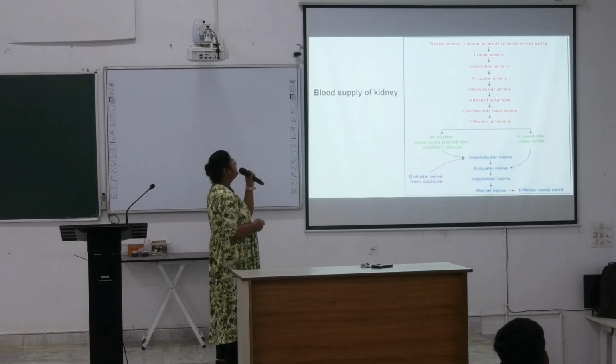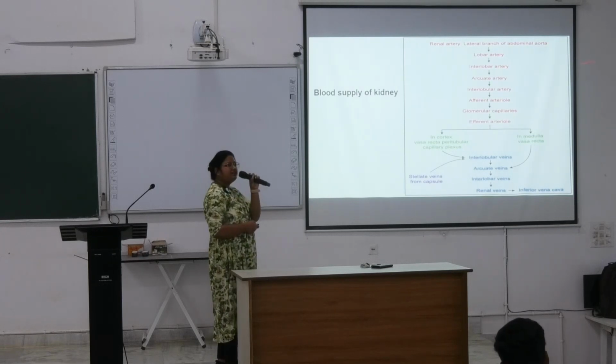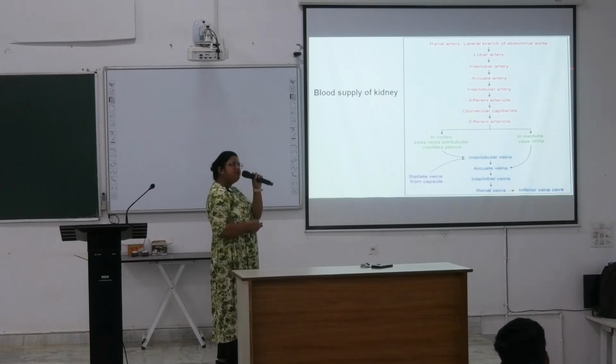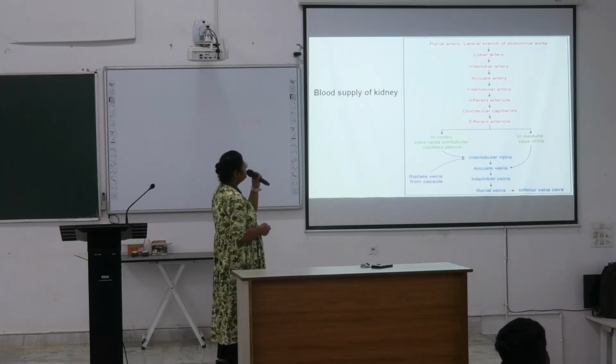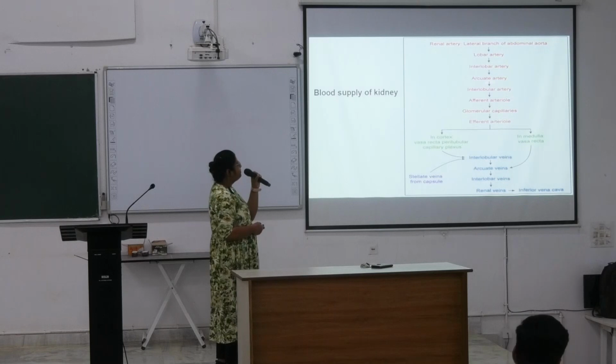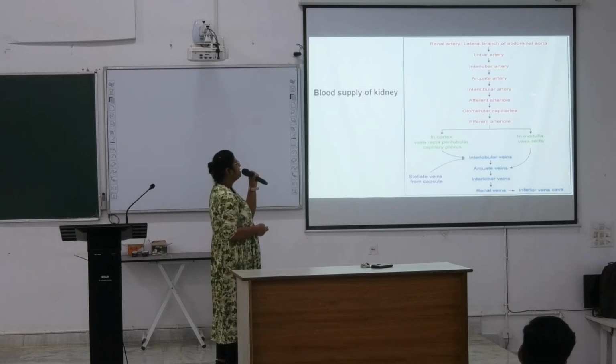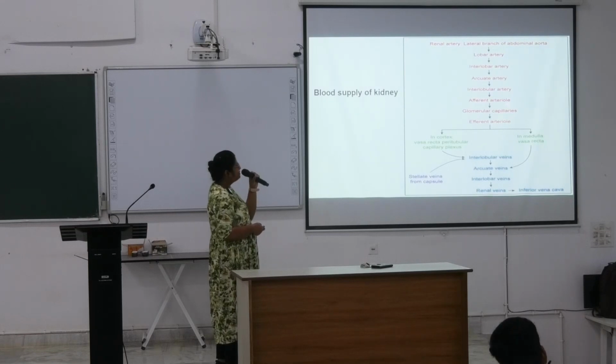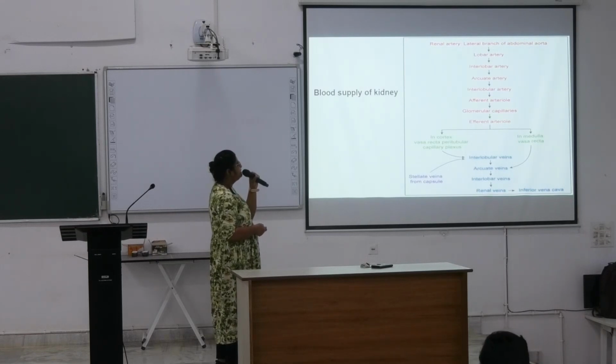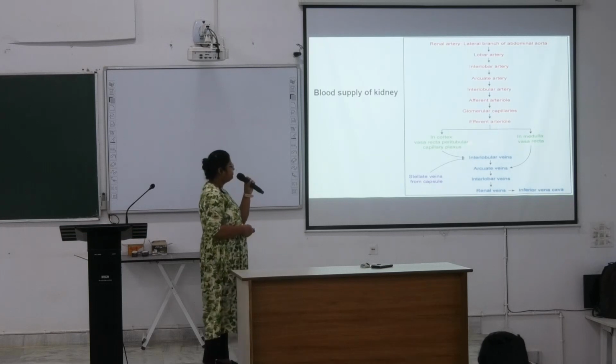Then from the lobar artery it gives the interlobar artery. Interlobar arteries are present in between the pyramids. From there, arcuate arteries are formed, which give the branch interlobular artery. From here, afferent arteriole, then glomerular capillaries, then efferent arteriole.